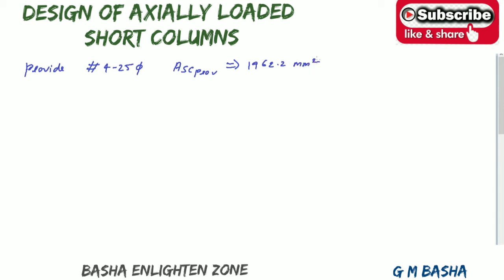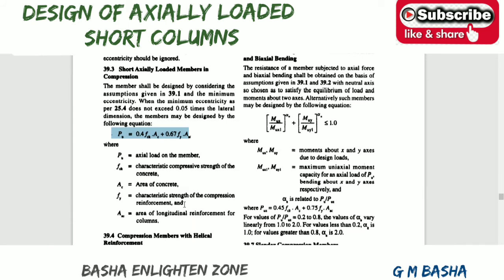Then check the minimum area of the steel and maximum area of the steel according to the given condition, based on the Indian Standard Code Book. So check in your code book, which is on page number 48.